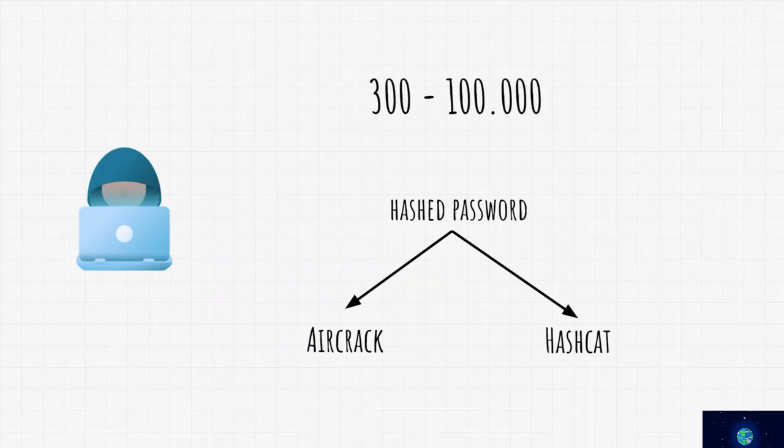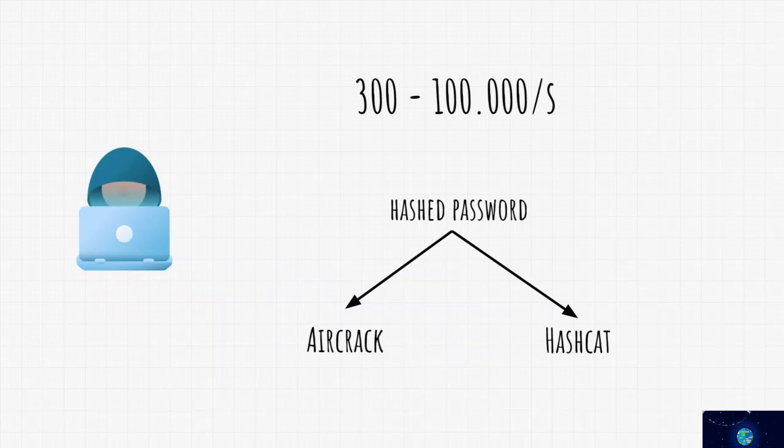And yes, of course, we're talking about 300 to 100,000 passwords per second. So this is a completely different story than, for example, brute forcing a web login page or SSH or something similar. This is a lot faster. Now, of course, since we're running a virtual machine, the speed will be significantly lower, but compared to previous brute force attacks that we did, it will still be really fast.